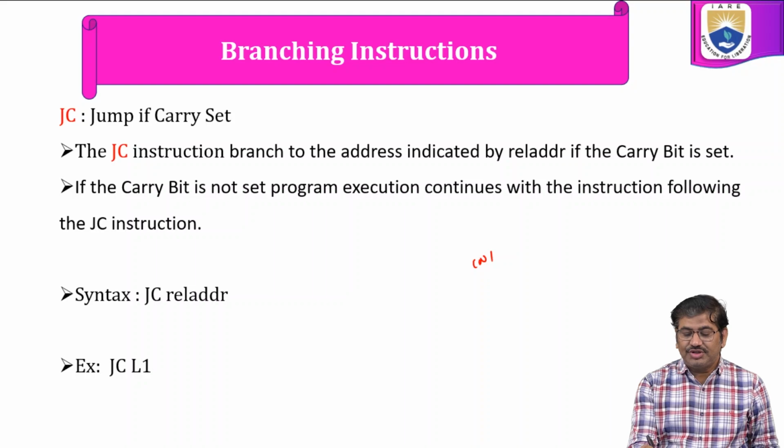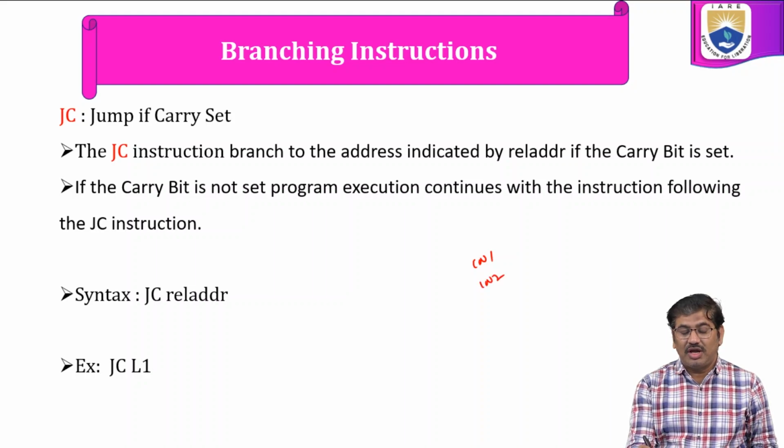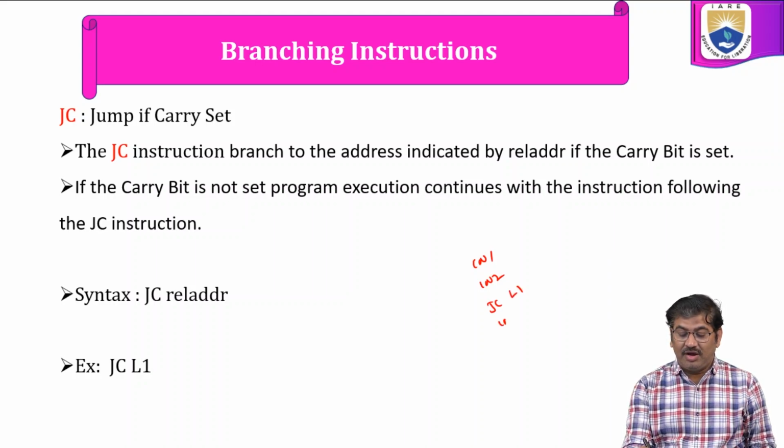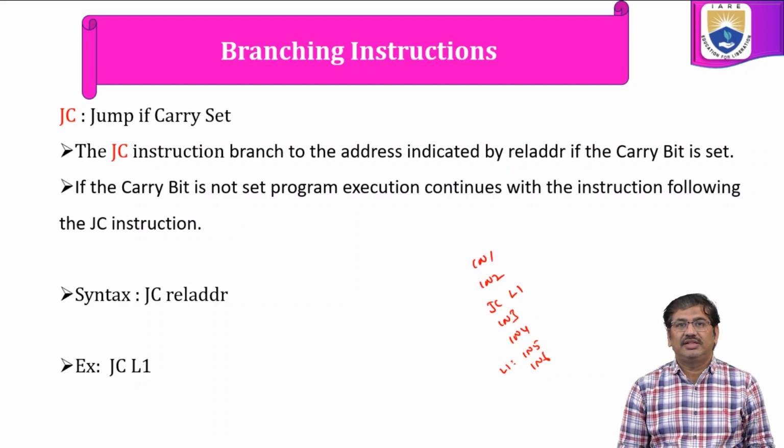Suppose we have a few instructions like I1, I2, then JC with relative address L1, then instruction 3, instruction 4, and at L1 instruction 5, instruction 6, like this.